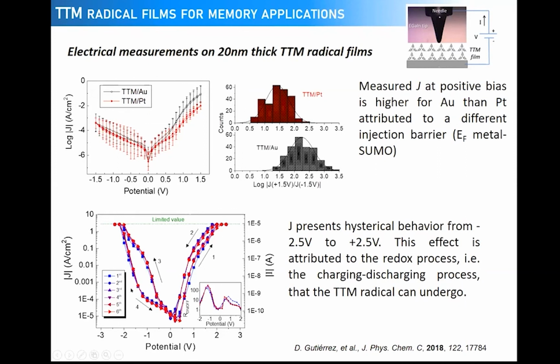This is assigned to the tuning of the redox of the radical that is embedded between the two electrodes. And we obtain a maximum on-off current ratio between the two states over 100. That is already quite significant.